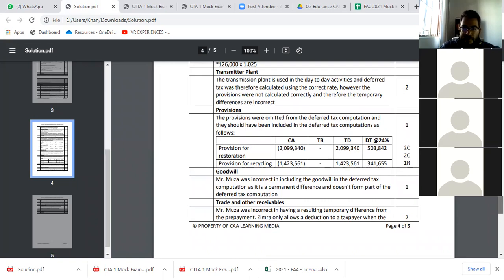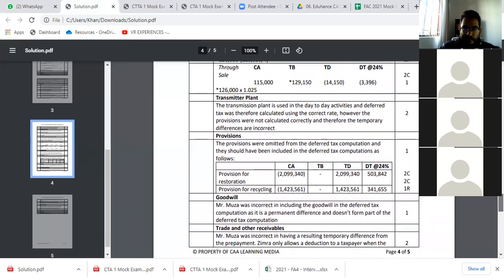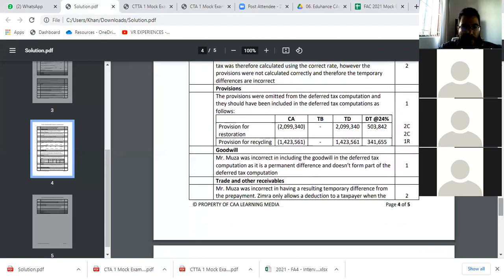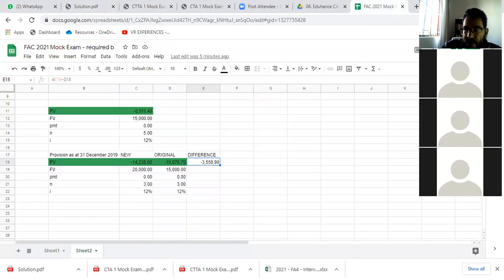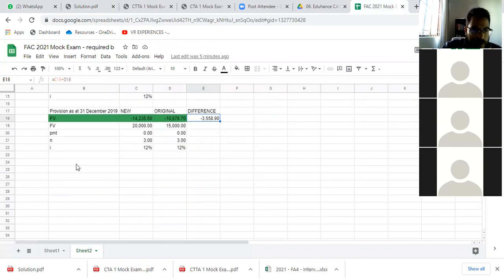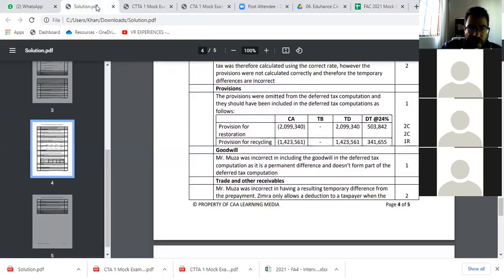So even if you separate them, the figures are still separate. Okay, so if I just separate them, that means the future values... What was the first one again? Let me just check. One is recycling, and the other one is just a normal restoration.